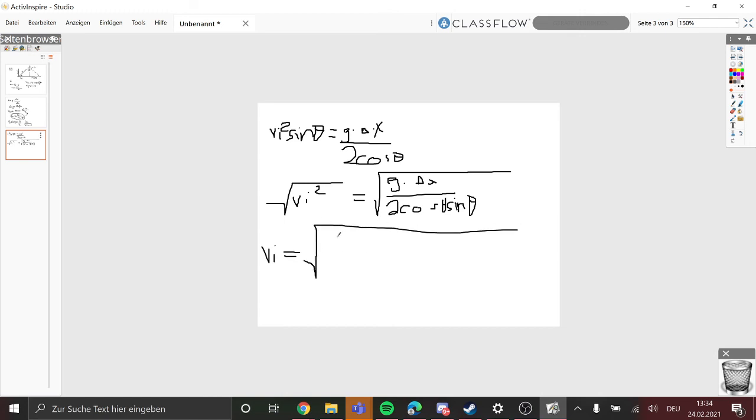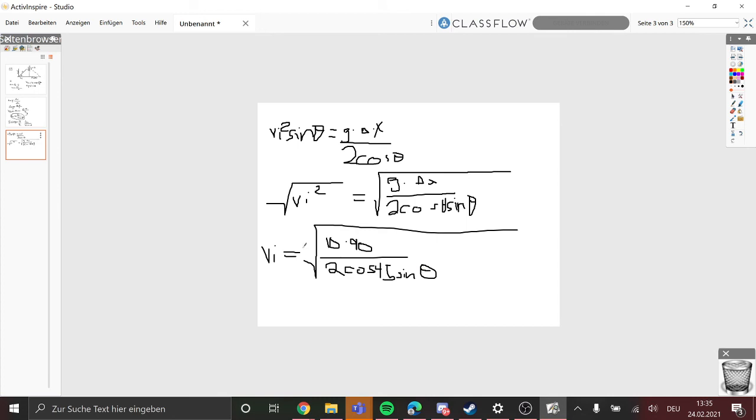We can also use 9.81, but for the sake of simplicity, I'll just use 10. So we know that 10 times delta x, which we are given, is 90, over 2 cos. I don't know if you've noticed, but I'm having intense troubles drawing out the cos and the sine, and generally every single letter and number, and I apologize.